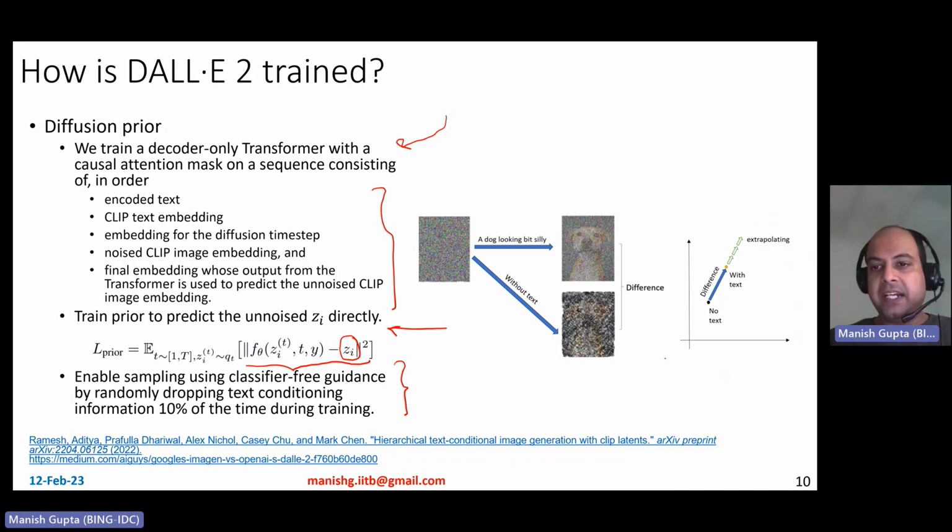So in classifier-free guidance, there are cases where you essentially train the model with no text. There are 10% of those cases, and in the remaining cases you train with text, such that you can combine the outputs coming from the model trained with text and without text, and therefore come up with a more robust model called classifier-free guidance. More details about classifier-free guidance are in my other video where I talked about GLIDE.